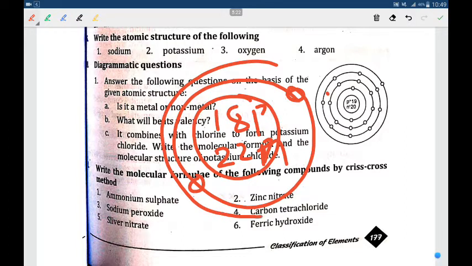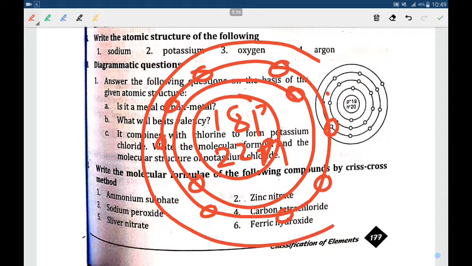Second orbit 1, 2, 3, 4, 5, 6, 7, 8 electrons. Third orbit also 8 electrons, 1, 2, 3, 4, 5, 6, 7, 8. 2, 8, 8. That is the electrons in argon.